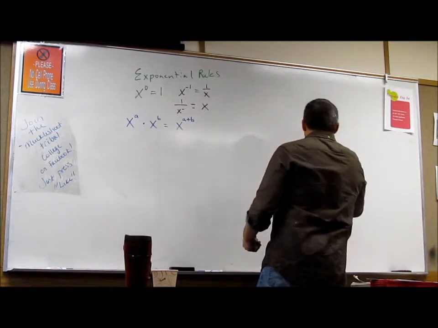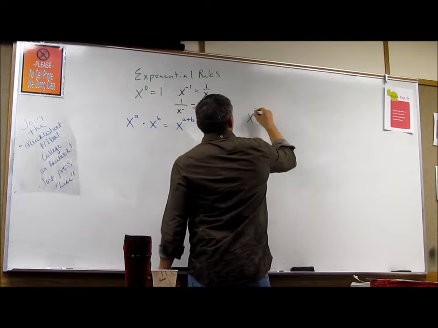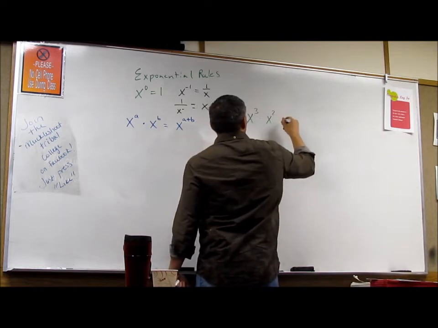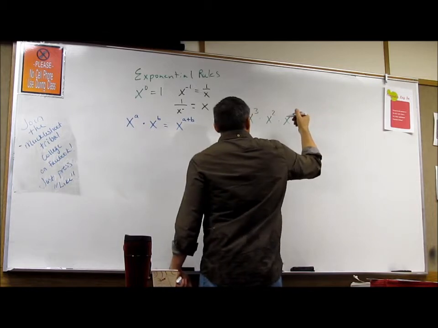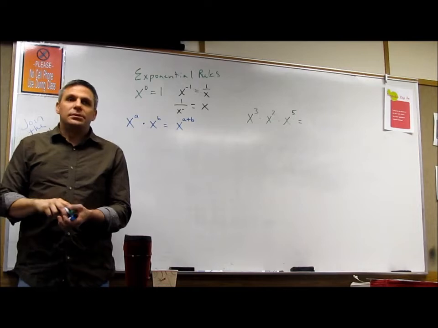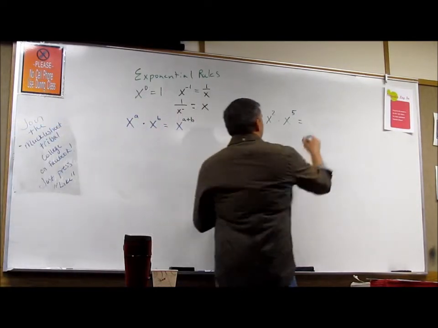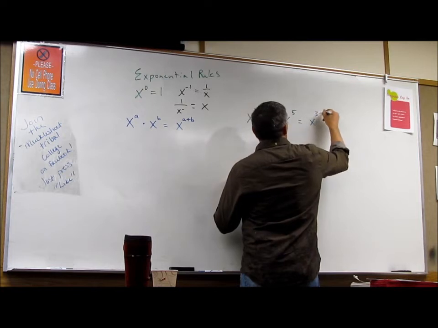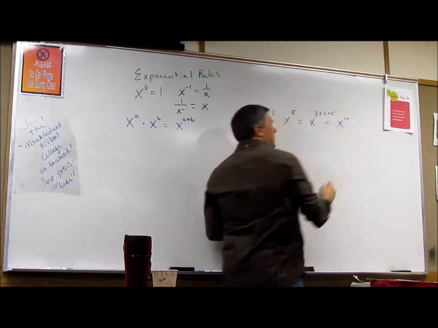So, now, if I give you this problem, x cubed times x squared times x to the 5th, what is it? X to the 10th. It's x to the 3 plus 2 plus 5, which equals x to the 10th.